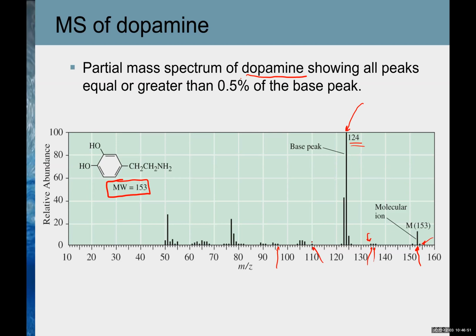So what we do is we tell the instrument to give us peaks which are some percentage of the base peak. Because if we get all the peaks which the detector is measuring, we'll get so many peaks that it's almost impossible to analyze anything.